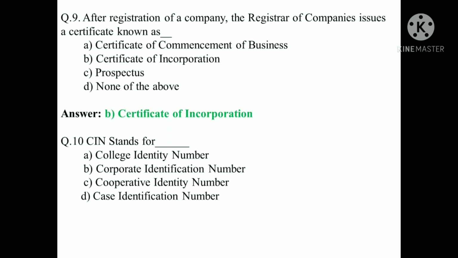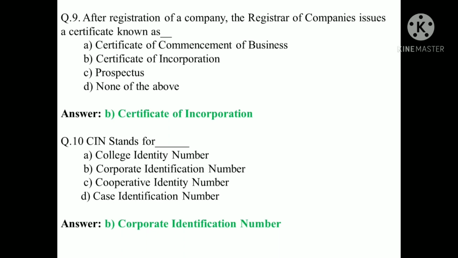Here the CIN stands for option B, Corporate Identification Number. जब कोई कंपनी रजिस्टर्ड होती है तब ROC उस कंपनी को एक नंबर देता है, उस नंबर को हम कहते हैं CIN नंबर. एंड यहाँ पे CIN स्टैंड फॉर कॉर्पोरेट आइडेंटिफिकेशन नंबर, ये उस कंपनी का नंबर होता है.